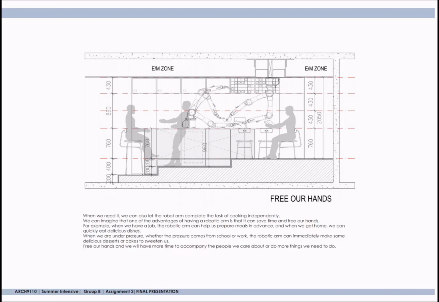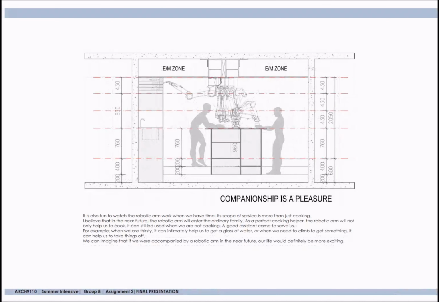When we are under pressure, whether the pressure comes from school or work, the robotic arm can immediately make some delicious dessert or cake to sweeten us. Free our hands, and we will have more time to accompany the people we care about or do more things we need to do. It is also fun to watch the robotic arm work when we have time.